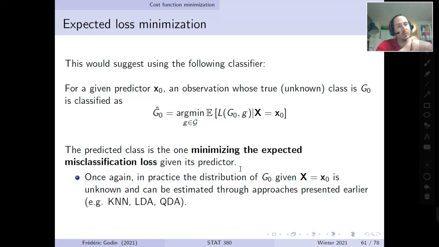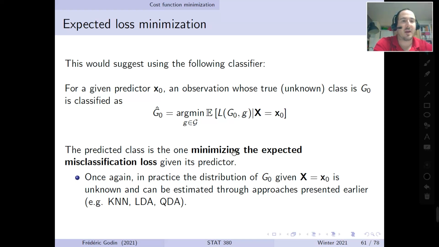So how do we use this loss function within a classifier? The idea here is to replace our objective function: instead of minimizing the probability of a classification error, we will minimize the expected value of the misclassification cost.